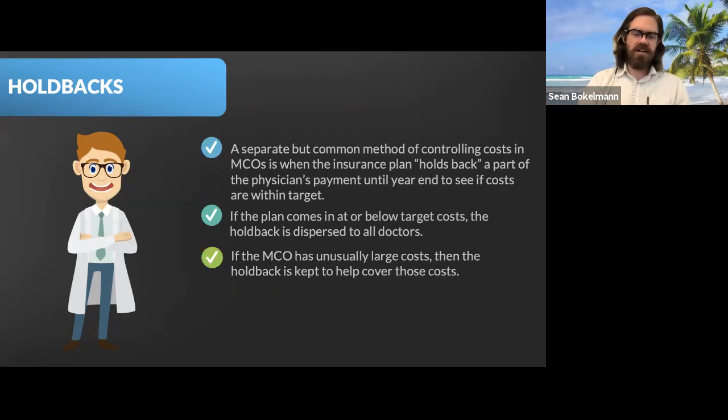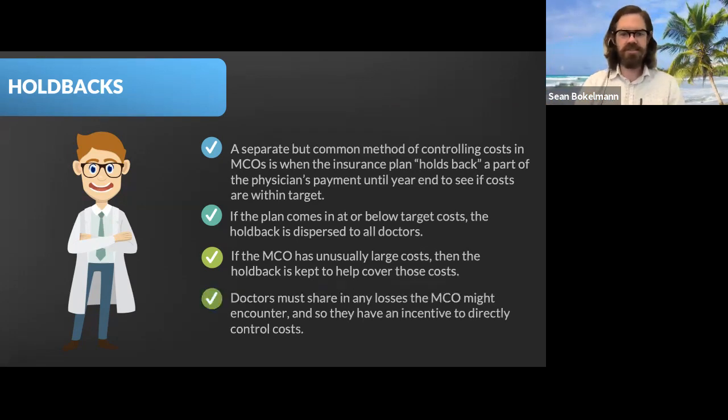But if the costs are above what's targeted, then that holdback is kept in order to cover the costs. So in a sense, doctors as a group are sort of at risk to cover these excess costs. So they're motivated to reduce costs so that they can hopefully get that holdback back at the end of the year. So doctors are sharing in the losses of the MCO. So they have a direct incentive to control costs.